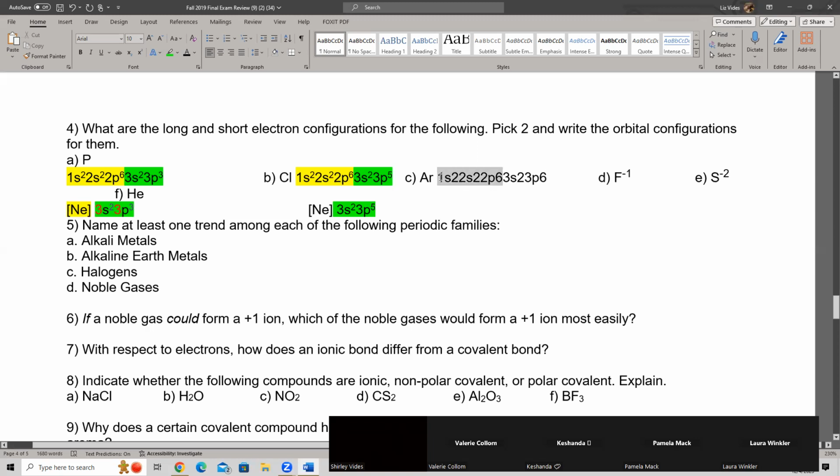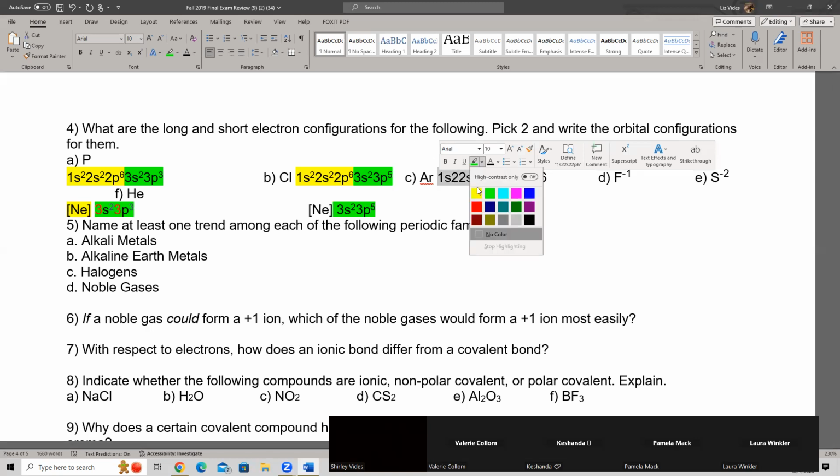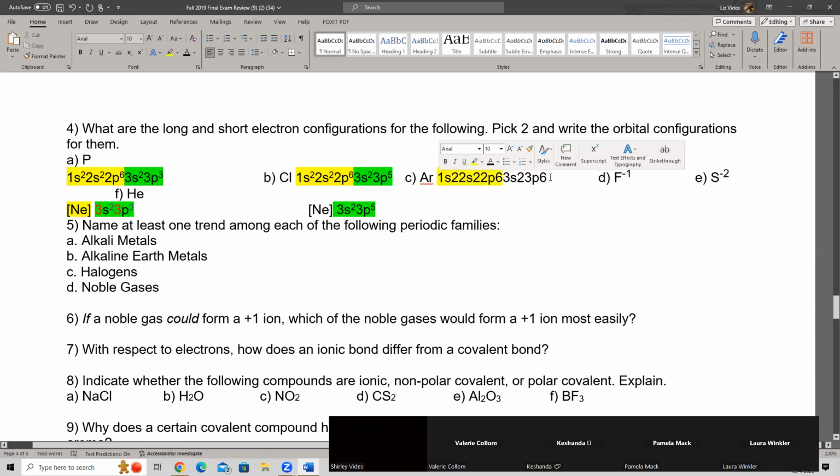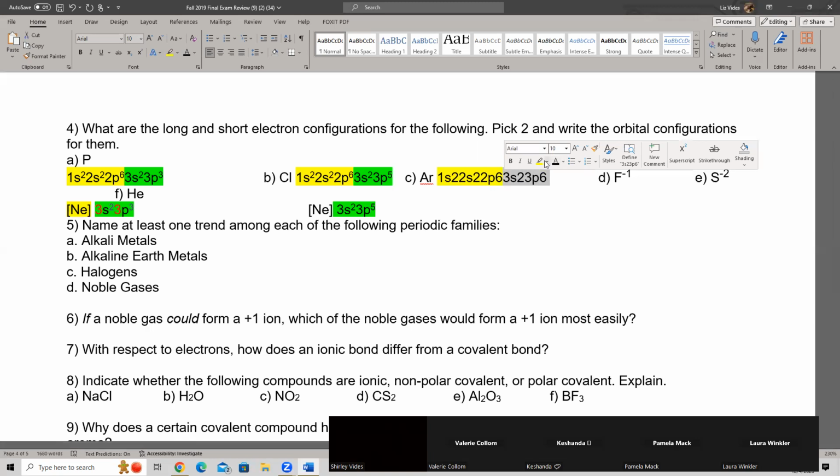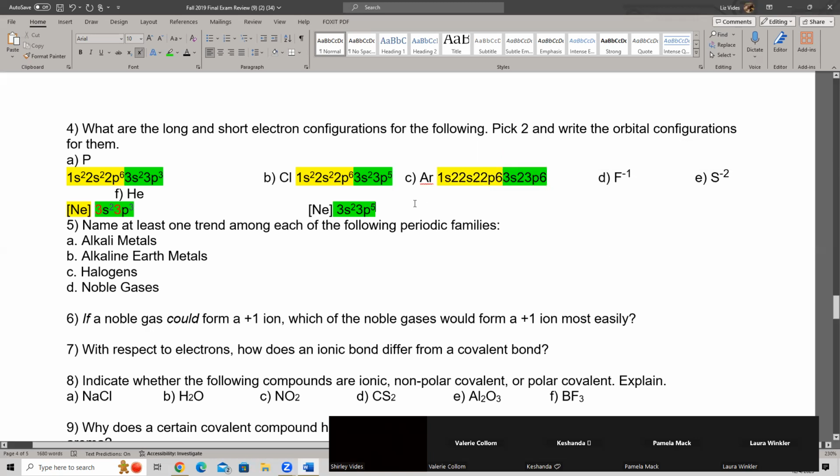So these are our core electrons. Most people think you can just write argon because argon is a noble gas, but no, because you're not telling me anything about this atom if you do that.